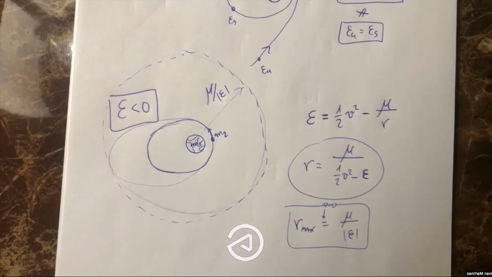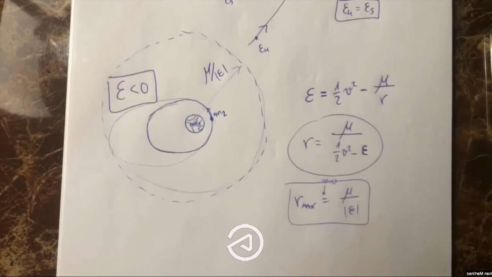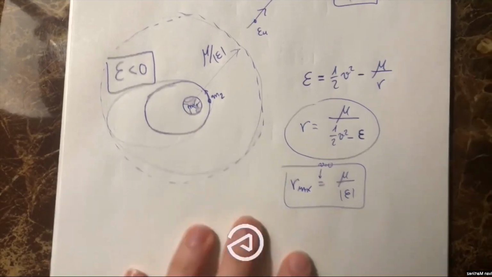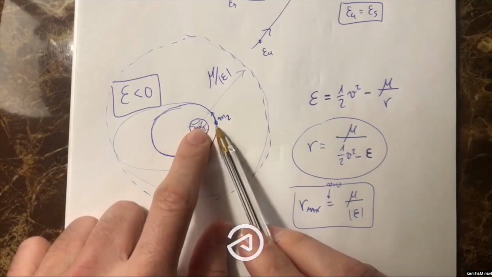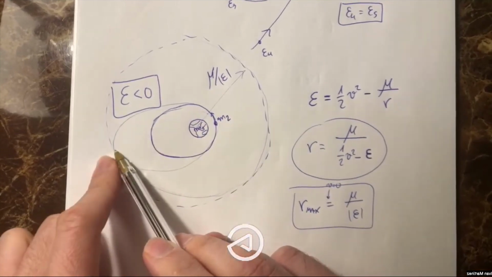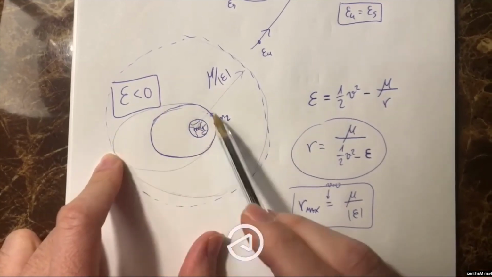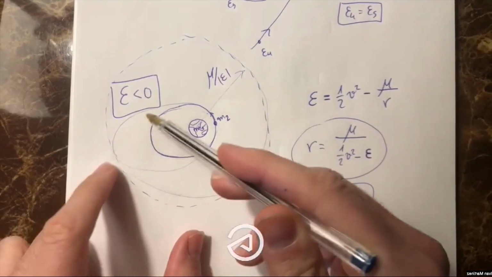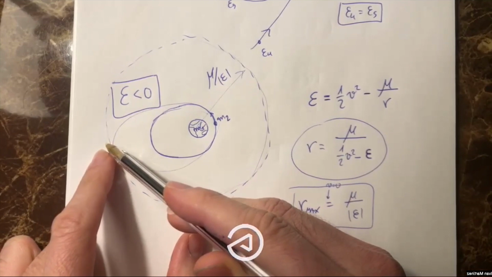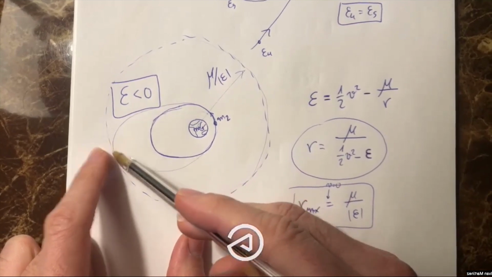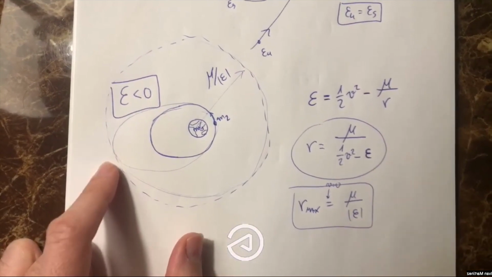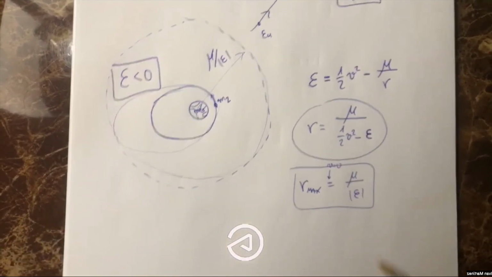And I solved the problem. Do you guys see it? Do you see that for the radius to be max, we need to have 0 velocity, because if it had some velocity, then it would keep going. So we want to have minimum velocity, and that will give you the answer.